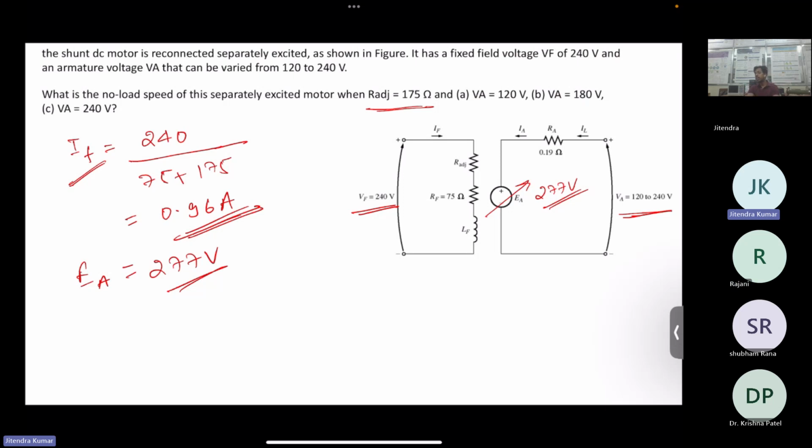So at no load, which current will be zero? This IL will be zero, right? So whatever EA, that will be equal to VA at no load. So at 277 volt, this speed is 1200 RPM.